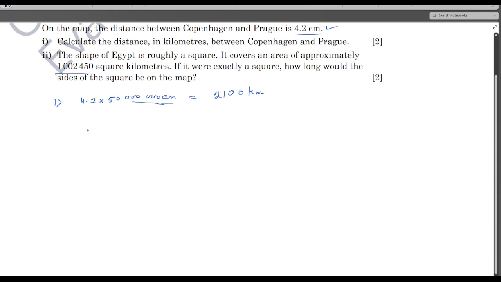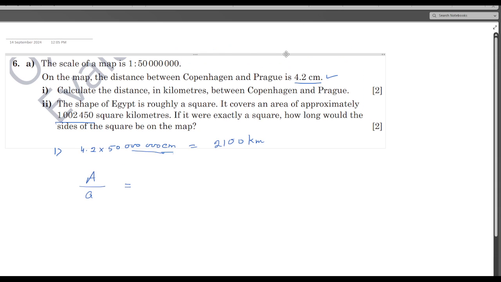So your area on the ground divided by area on the map, capital A divided by small a, will be equal to the ratio, which is 50, 0, 0, 0, 0, 0, 0. This is your ratio. So for area it is like this.